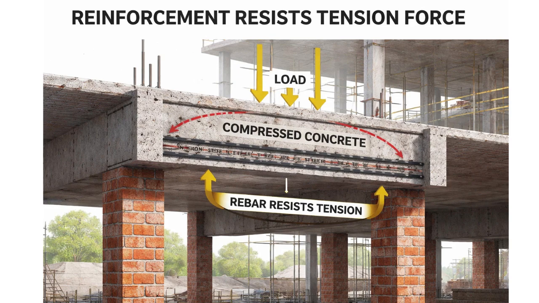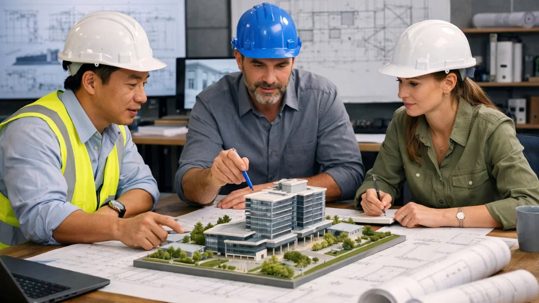Steel reinforcement helps the structure resist tension, bending, and cracking. In summary, a structure is strong because it uses suitable materials, good design, proper load transfer, and quality construction. Understanding how a structure works helps us design and build buildings that are safe, stable, and long-lasting. A well-designed structure not only supports the building, but also protects the people living and working inside it.